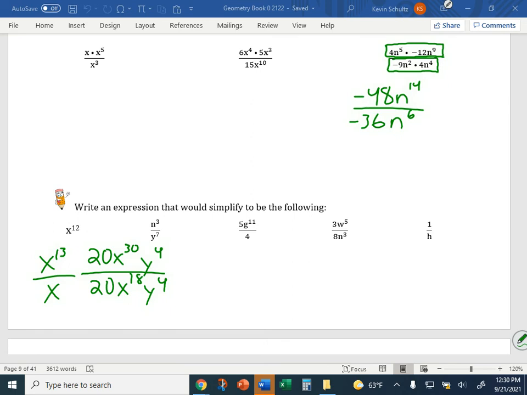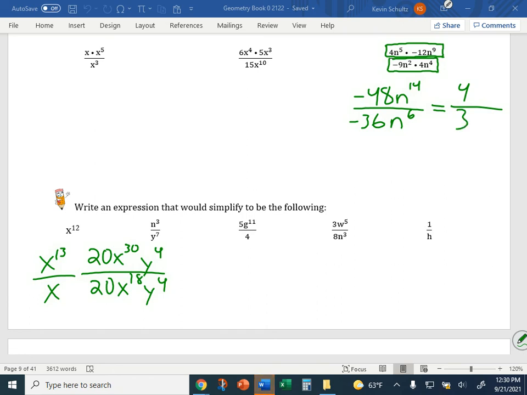So how can we simplify this now? Coefficients of negative 48 and negative 36, yeah. Divide by not only 12, but since they're both negative, those negative signs will cancel out too, right? A negative divided by a negative equals a positive. So the 48 over 36 simplifies to be 4/3. You divide both by negative 12.